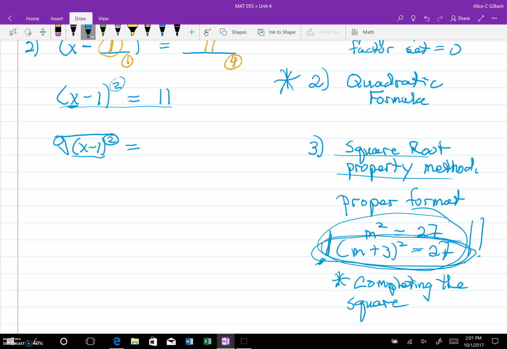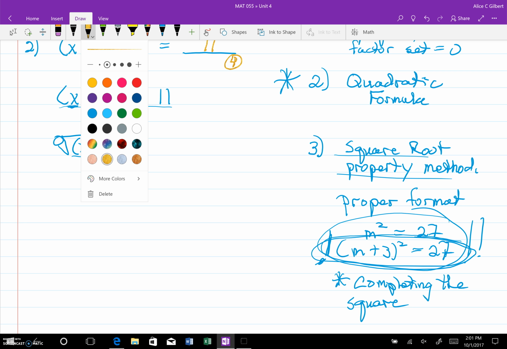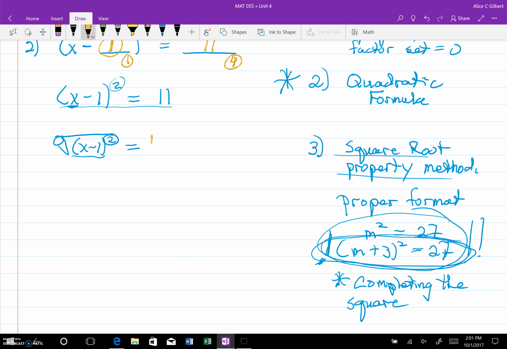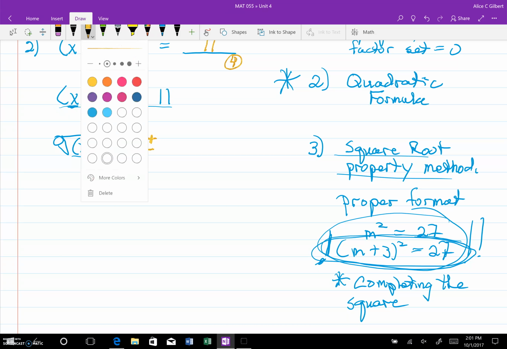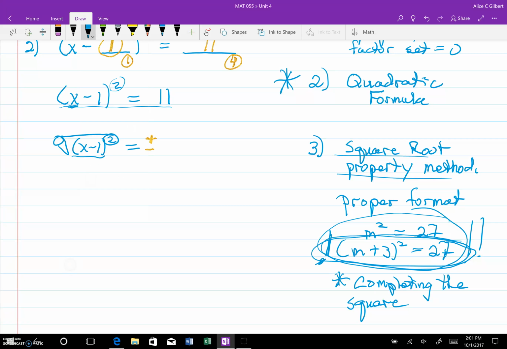But I have to remember, and this is critical, guys, because we're working with an even index, when I do the same thing on the other side, I have to put plus or minus. So I put a square root on the left side, so I'm going to put a square root on the right side, but I have to put plus or minus.